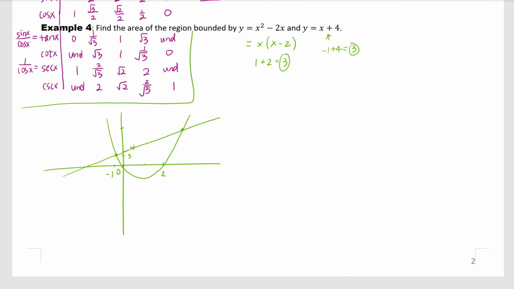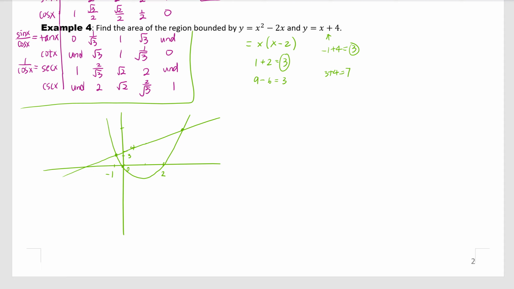Okay, and then next, oh sorry, this 0 looks like a 10 there. So let me put a 0 here. Okay, so here, I know this number is bigger than 2, so let me try 3. 3 squared, 9, minus 2 times 3, 6, is 3. 3 plus 4 is 7.